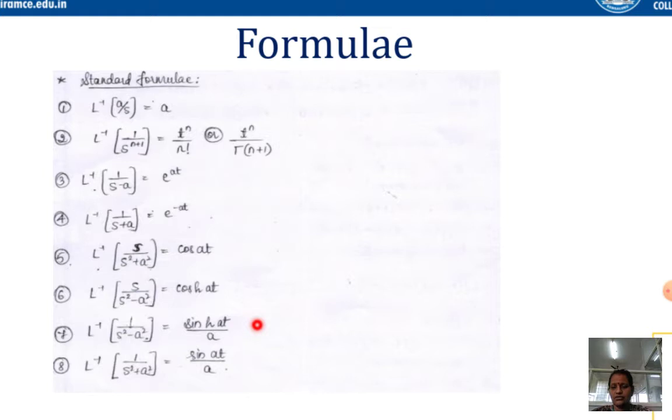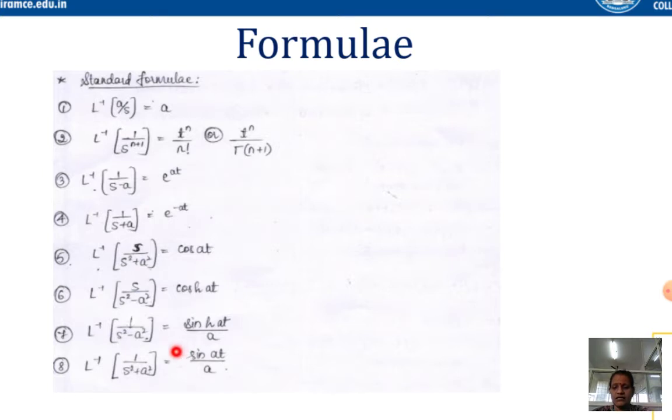And if the numerator is a constant, we have sinh at, that is L inverse of 1 upon s square minus a square is sinh at by a, or L inverse of a by s square minus a square is sinh at.